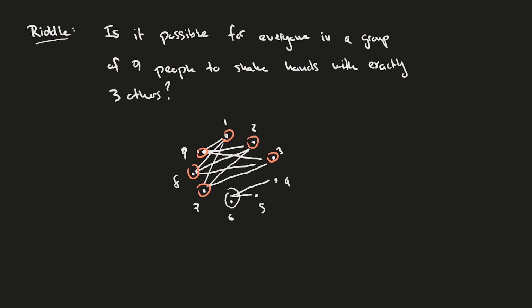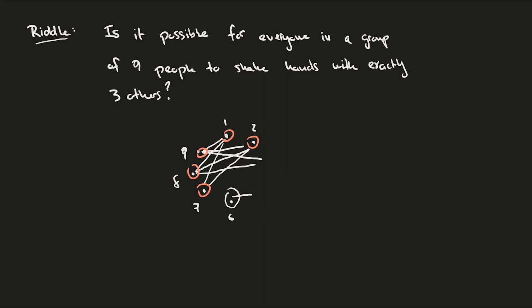However, there's no third person available for 6 to shake hands with. We might think that we've just made a poor choice in the way we've drawn edges, but if you play around with the situation, you'll find that in fact it doesn't seem possible to draw the edges in such a way that we would get a graph on 9 vertices where each vertex has degree 3.